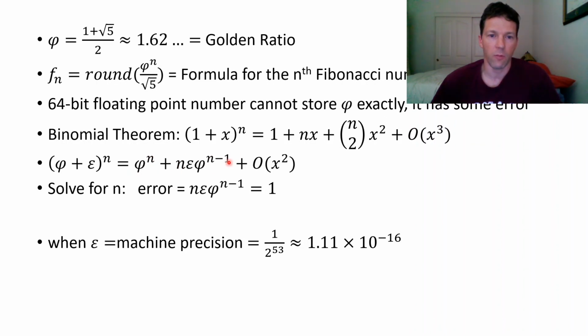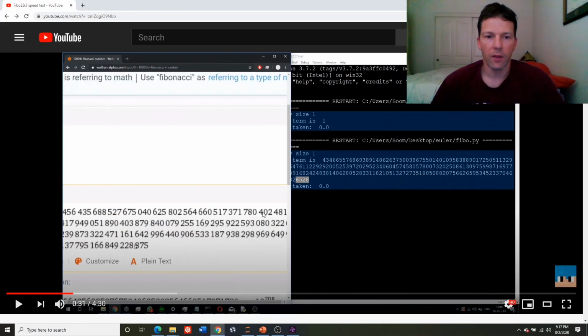So this error term is messing everything up, and that's the reason why this numerical thing was getting the wrong digits in that demo. He was asking for the 1000th Fibonacci number here, so it was only correct up to the first 70 Fibonacci numbers. After that, you need more accuracy.